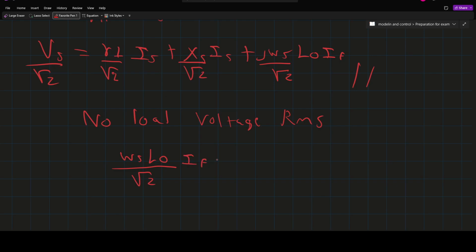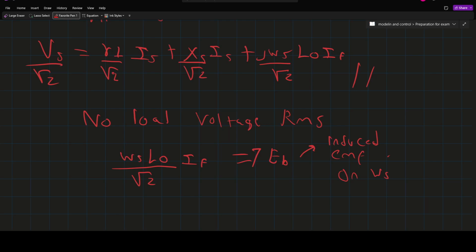We're gonna call this Ef, and this is an induced EMF depending on omega s.